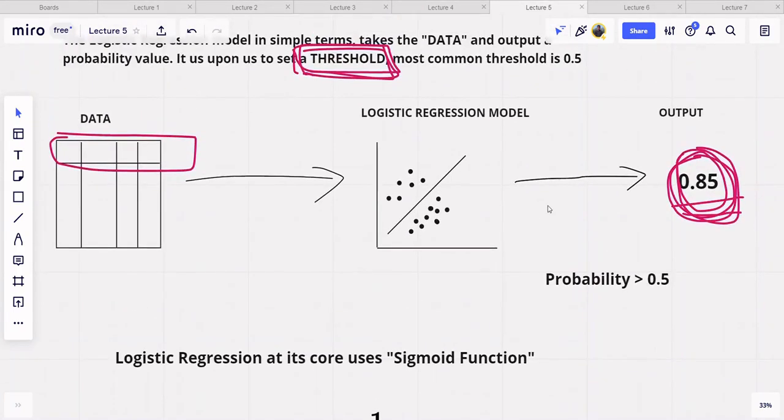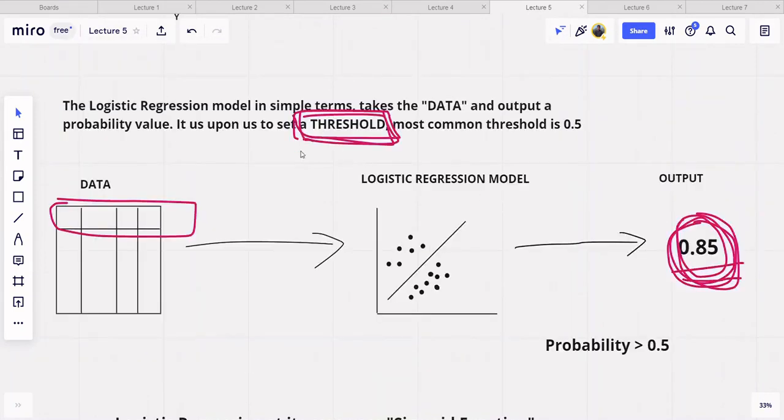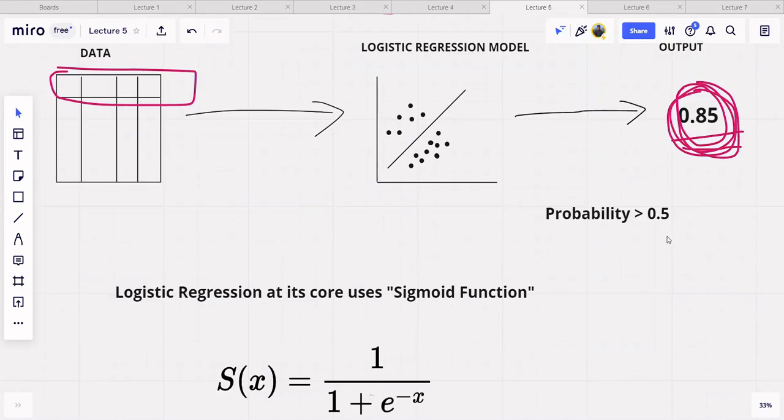It is upon us to decide the threshold, and the most common threshold is 0.5, which represents 50%. So if the model outputs a probability of more than 50%, then the person has diabetes. Now we can also change this to any number.